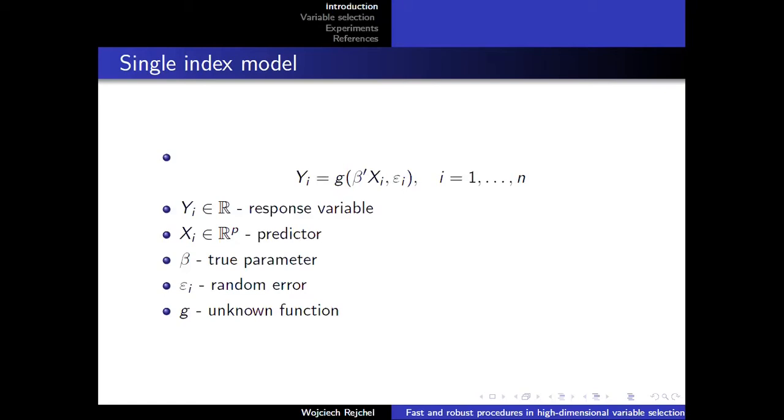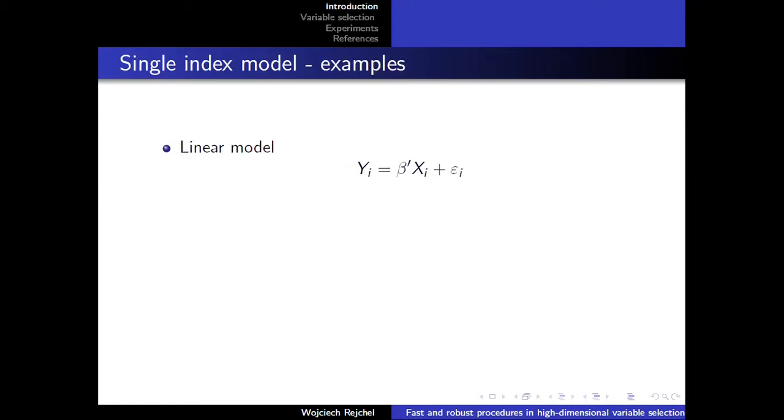Since this function is unknown, we cannot use it in the estimation process, and we will try to do it using other tools. So maybe a few examples of this model. For instance, the linear model, but as well you can use the modified linear model.